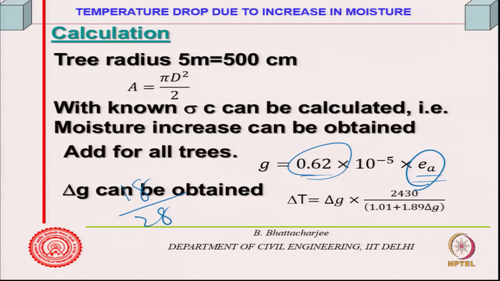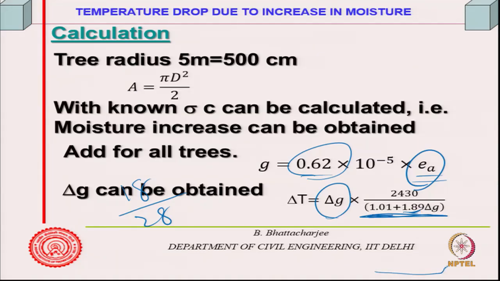And once you have found out delta G, the moisture content change, this is the specific enthalpy or heat content of the moist air. This one, 1.01, is the specific heat of dry air, and this is the specific heat of moist air.